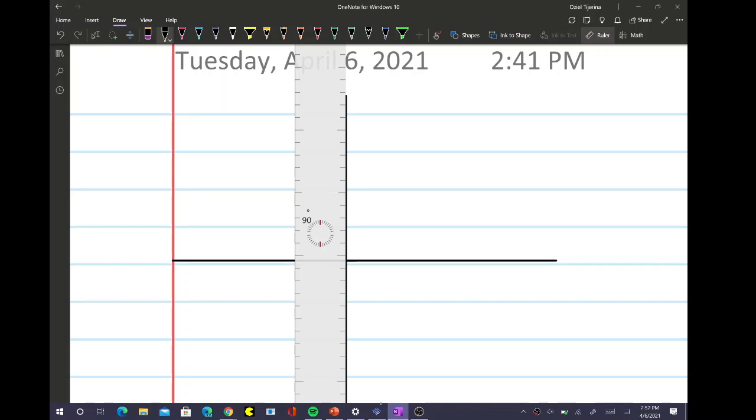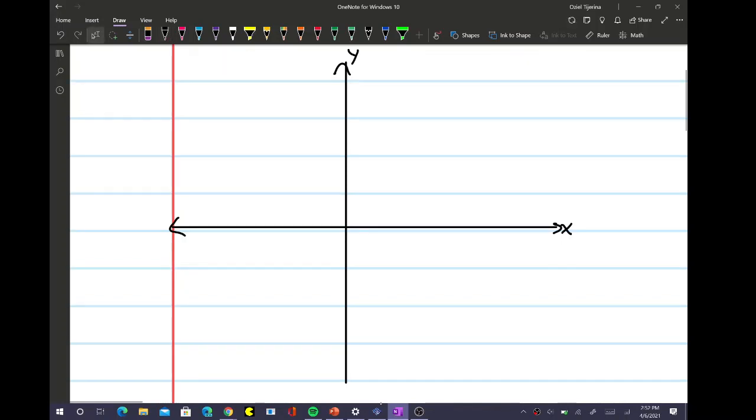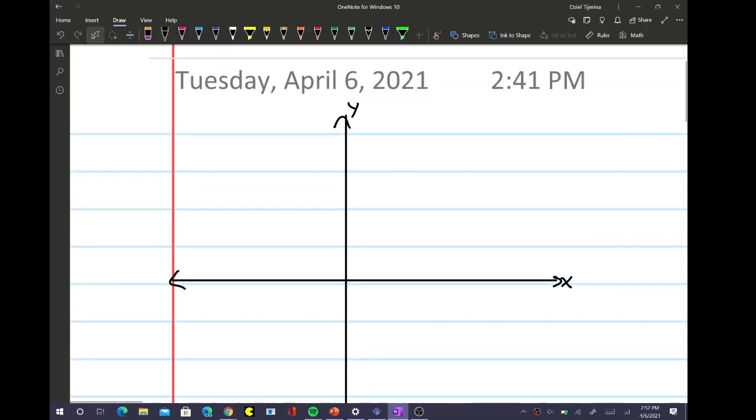Of course, this would be your y-axis, this would be your x-axis, right? And then if we draw a circle right here, there would be your circle.